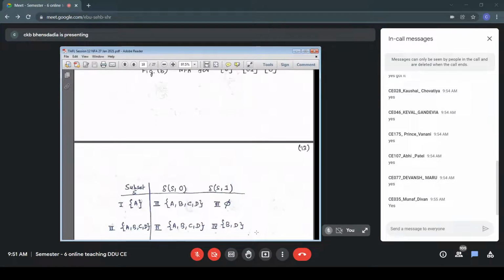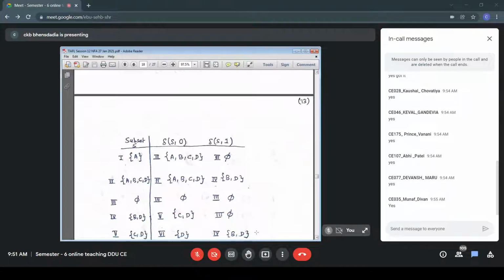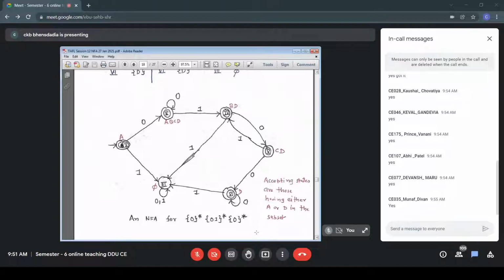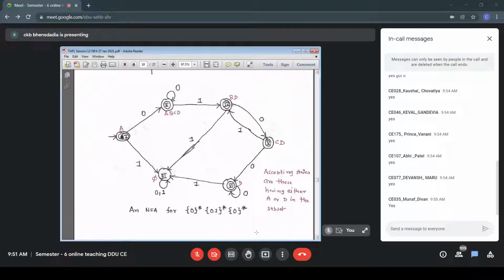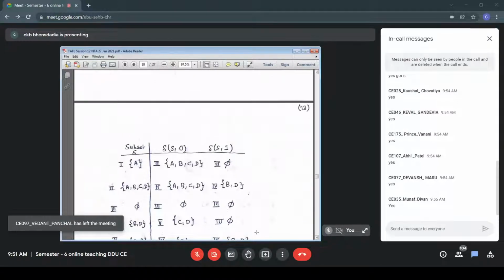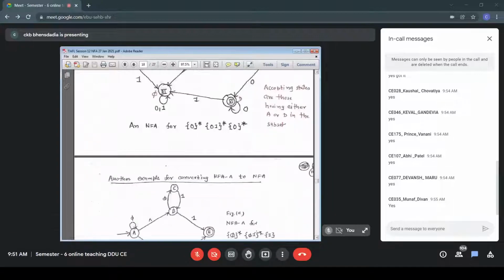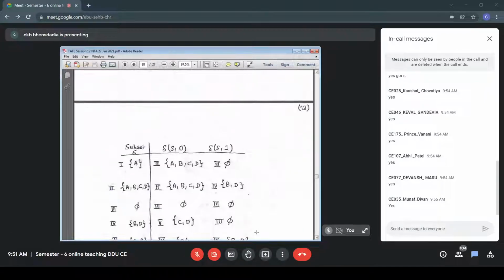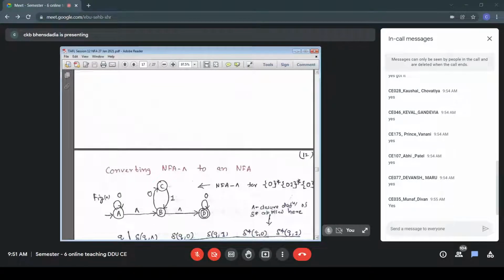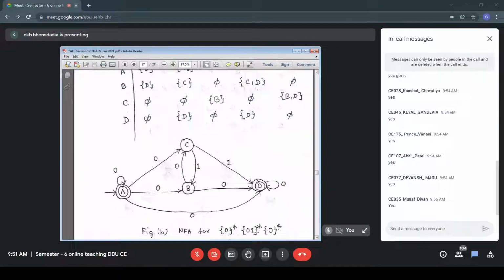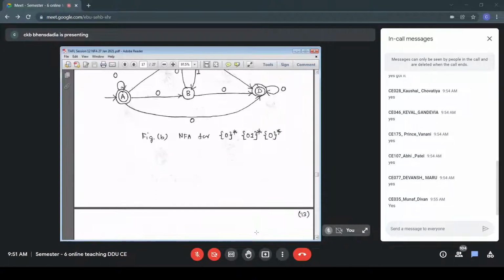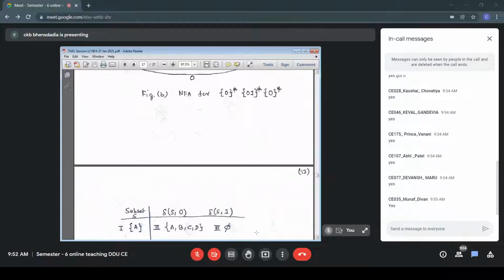Now, just for practice, we convert this NFA to DFA. We started with NFA-null and we got the equivalent NFA, and we know how to convert NFA to DFA.